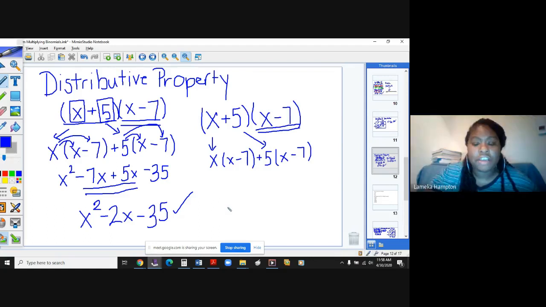And then I did the same thing with the 5. So I broke down the first binomial and made it into a monomial. So I went from 2 to 1. And then all I did was I took each one of those and multiplied it by the second one, which was x - 7.